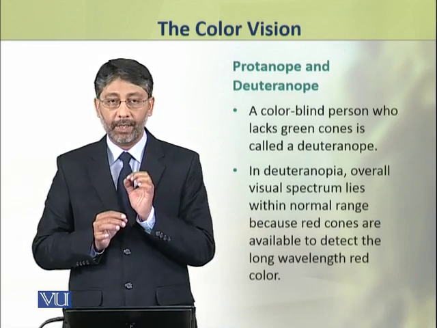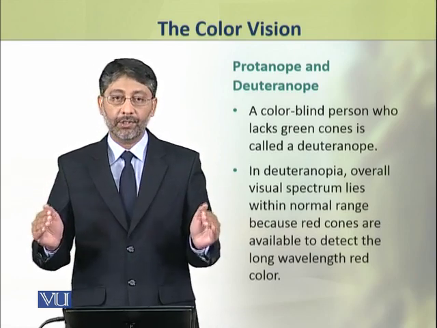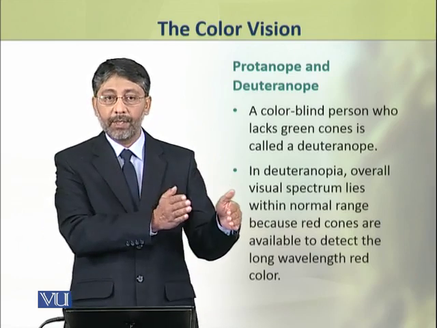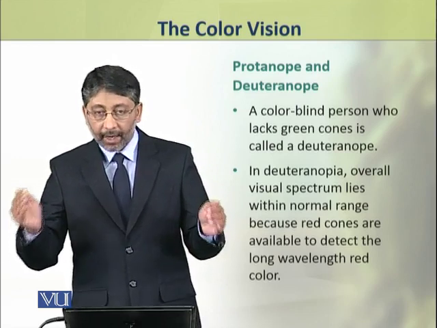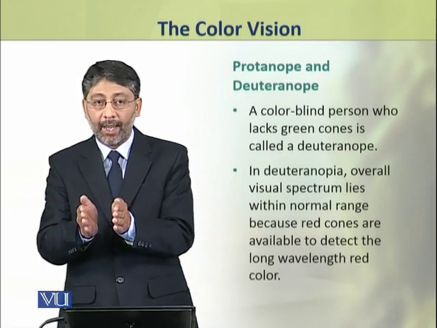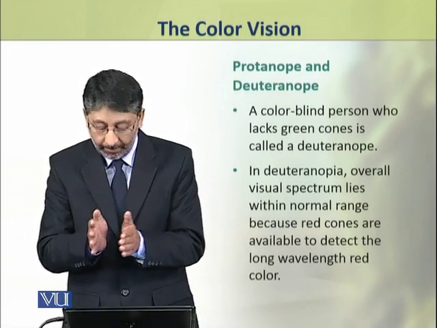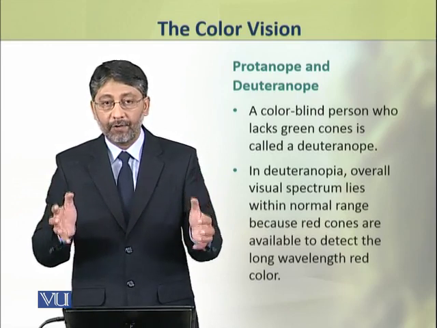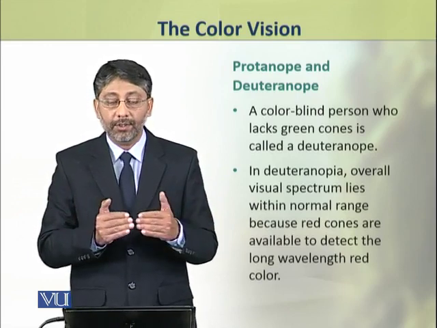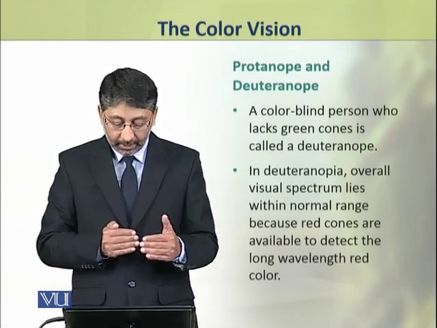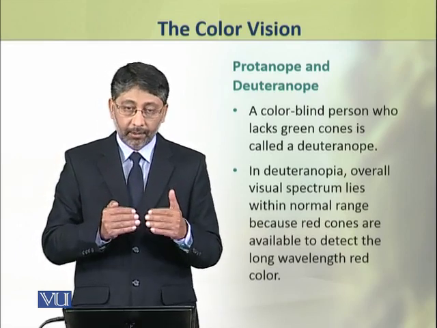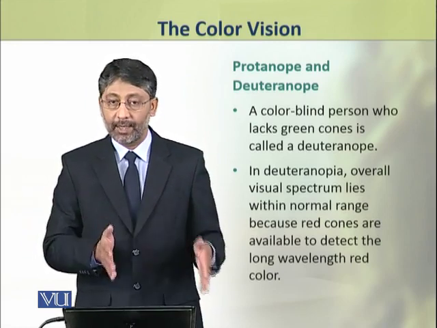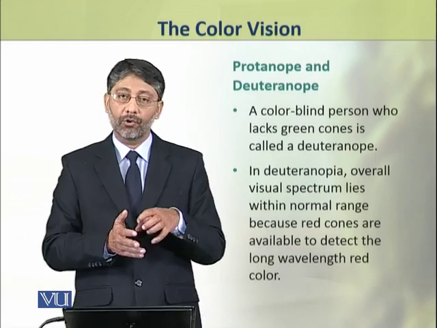In deuteranopia, the overall visual spectrum lies within the normal range. ब्लू भी देख सकते हैं और रेड भी देख सकते हैं. दरमियान में ग्रीन है और वो वाली वेवलेंथ्स पे प्रॉब्लम होती है, लेकिन ओवरऑल जो कलर विजुअल फील्ड है वेवलेंथ्स के हिसाब से वो डिस्टर्ब नहीं होता. और इस कंडीशन में एक पर्सन जो है वो शॉर्ट और लॉन्ग दोनों तरह की वेवलेंथ्स के कलर्स देख सकता है. इस कंडीशन को ड्यूटेरोनोपिया कहते हैं.